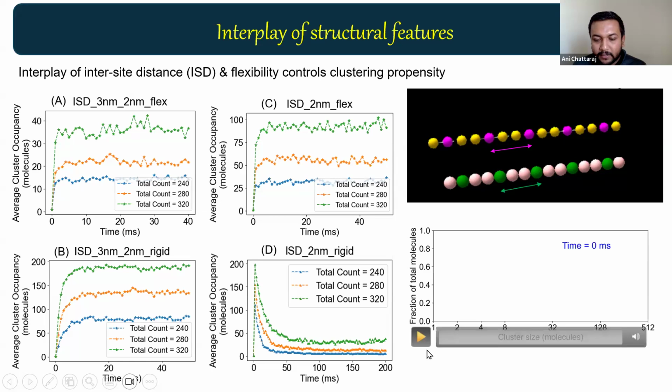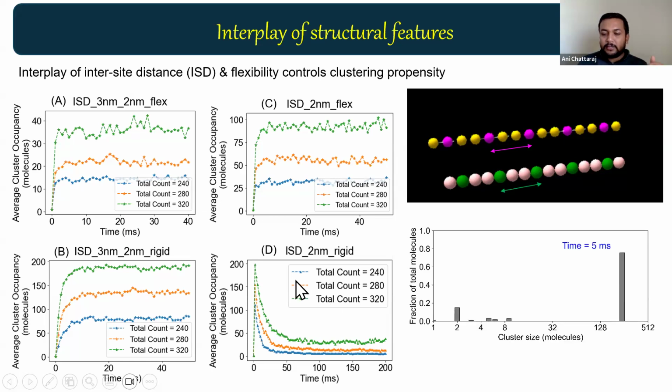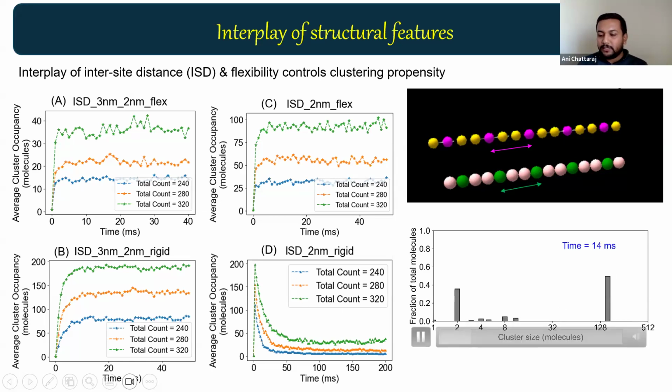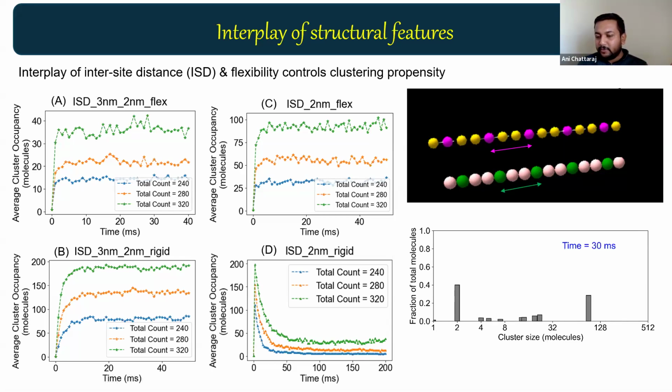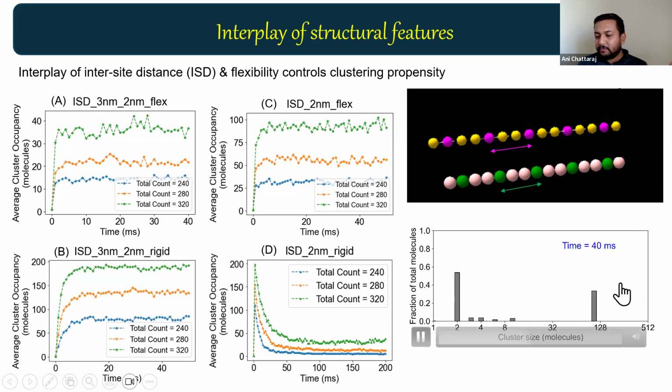So what is happening here? We can actually display that in a movie. This is the cluster size distribution, which is dynamically changing with time. Initially we see some clusters populating this right-hand side, which suggests there are a lot of large clusters in the system.